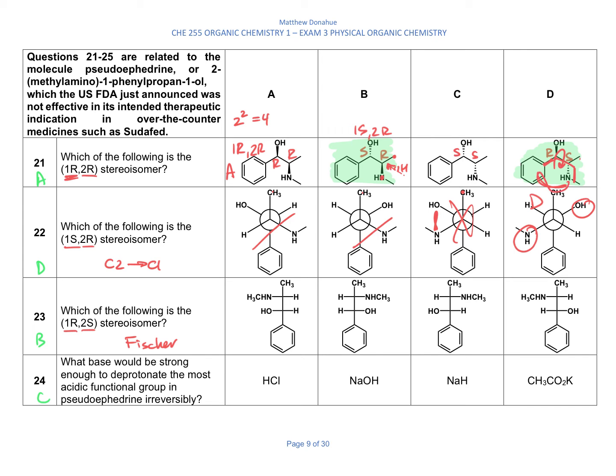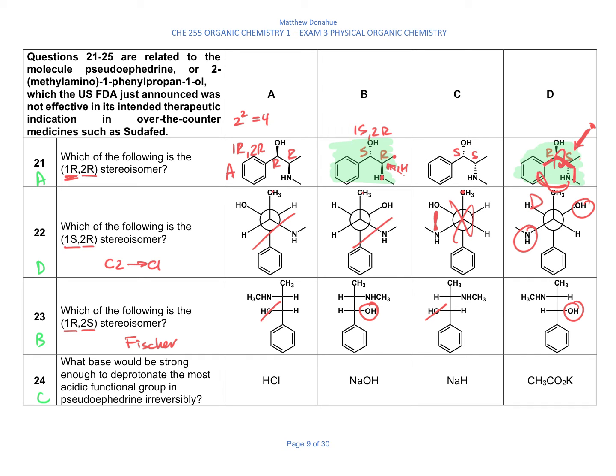So we need those eclipsing. And then it looks like we're putting our eye right here and looking down that bond. So if we do that and we put the phenyl group on the bottom, we put our eye here, the hydroxyl group should be on the right. So it's left, this is right, that's a possibility, that's left, right. So we're between B and D.